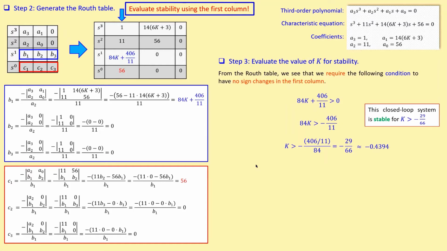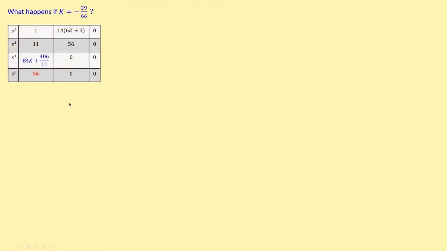But now let's ask another question, because that will also be discussed in the next step in the simulation. What happens if k is exactly minus 29 over 66? That's what we also discussed in previous videos. Let's check it again. We will take this table, and we will now substitute the k value of minus 29 over 66. This is what we had.